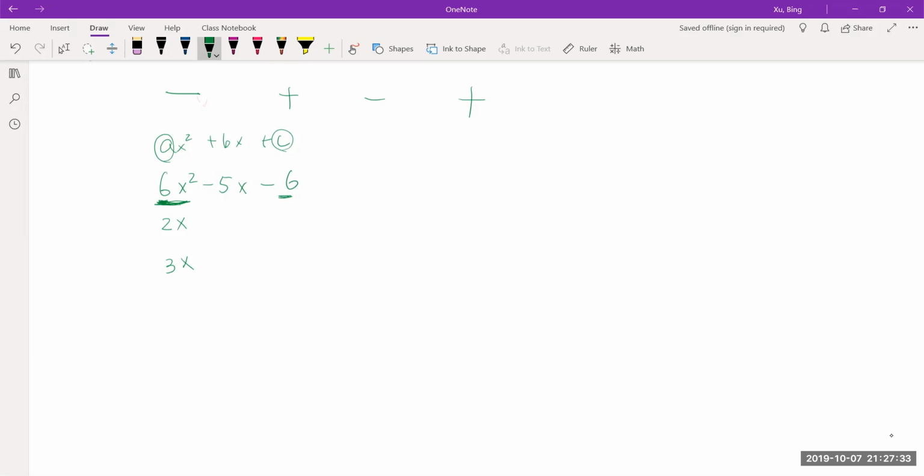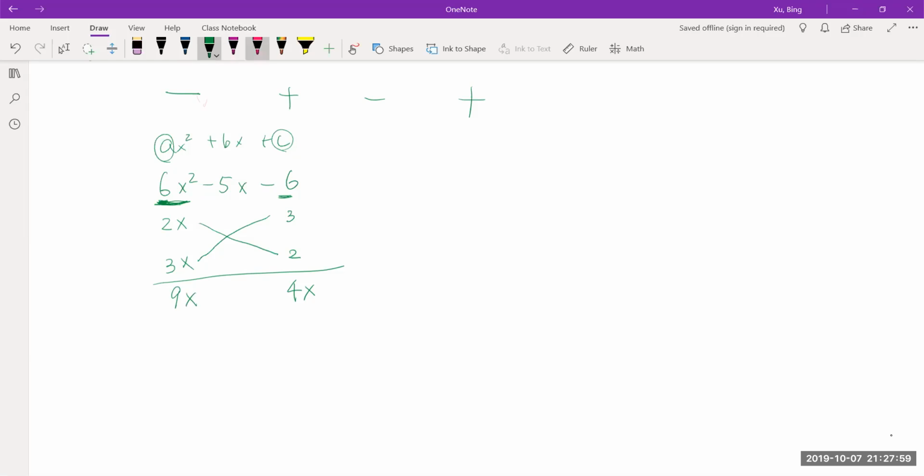Anyway, then factor this negative 6. Well, first factor is positive, so 3 times 2. Now I'm going to cross multiply. If you put the x in, 2x times 2 is 4x. If you cross multiply 3x times 3, that's a 9x.